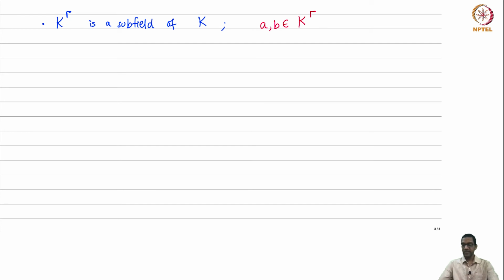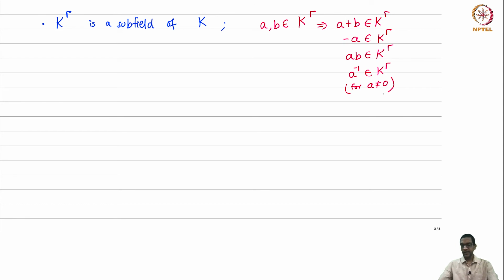If you take two elements a and b, then you have to check that a plus b is in the subset, the additive inverse minus a is in the subset, the product is there, and the multiplicative inverse is there. This is for a not 0. So it's closed under addition, multiplication, and additive inverses and multiplicative inverses.